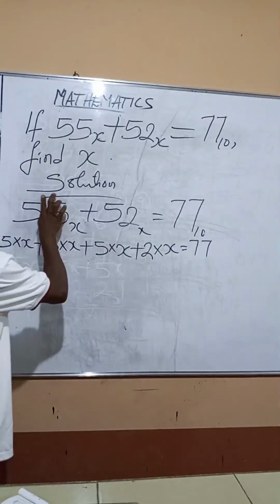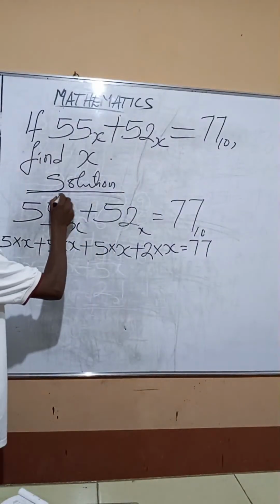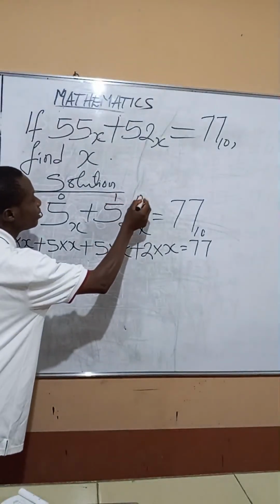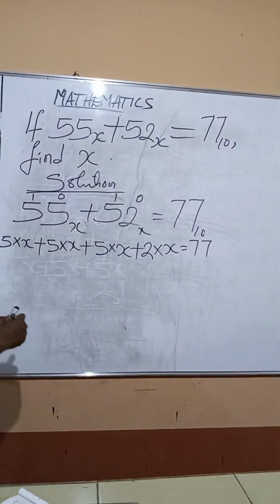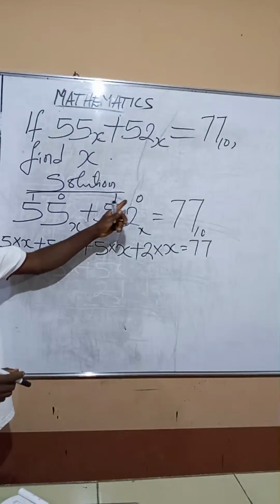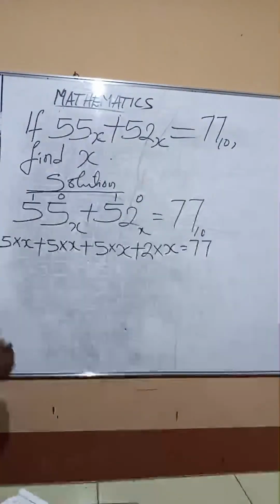Remember this point here. This is 0. This is 1. This is 0, and this is 1. So x will have 0 here, then x will have 0 here, and x will have 1 and 1 here. Please take note.